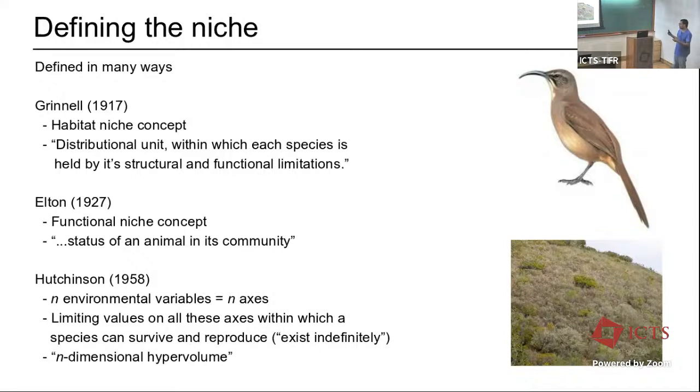Probably the most prevalent definition of the niche is Hutchinson's. And Hutchinson in 1958 says it's an n-dimensional hypervolume, which sounds like a lot, but it's basically saying that for a particular organism, there are various environmental variables, and an organism can survive within certain limits of those environmental variables.